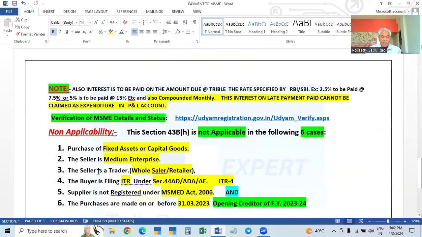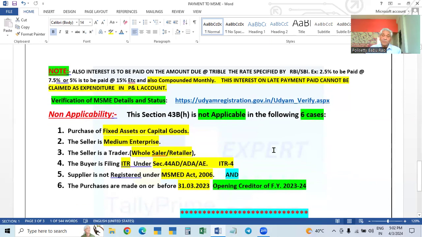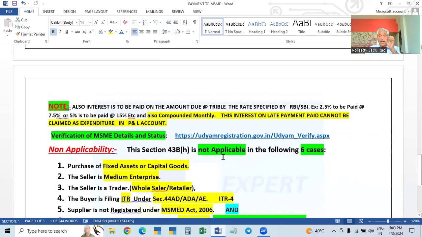But if the supplier is a trader, meaning wholesaler or retailer, then it is not applicable. But in this case, for traders also, if the business is in an essential sector, such as agriculture or motor vehicles, this is applicable, but they will give the code number.